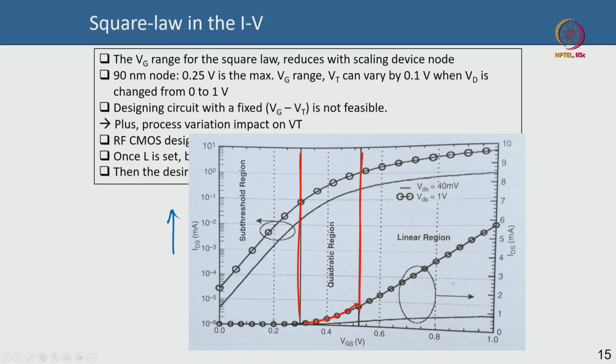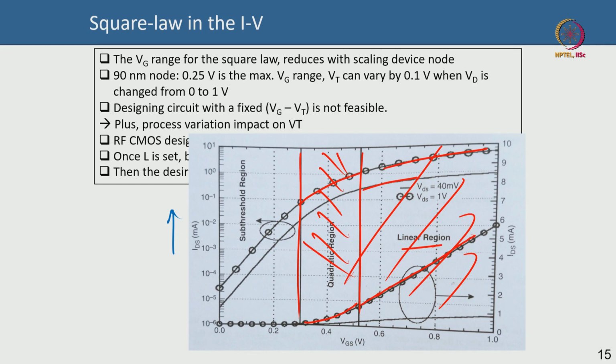Beyond that it is linear, your current is varying linearly at higher gate voltages, so it has a slope like that. So this part is linear and this part is quadratic. The region where the quadratic behavior holds good is very narrow, around 0.2 or 0.25 volt on the gate max. It is very low.